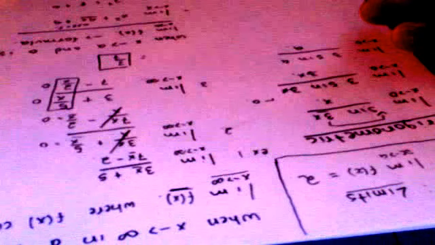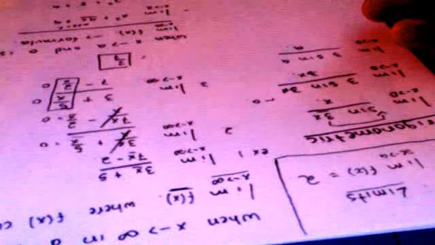Since in this case a is 0, not x is equal to 0, a is 0, we have 3 times 1, so it's 3. No, I did it.